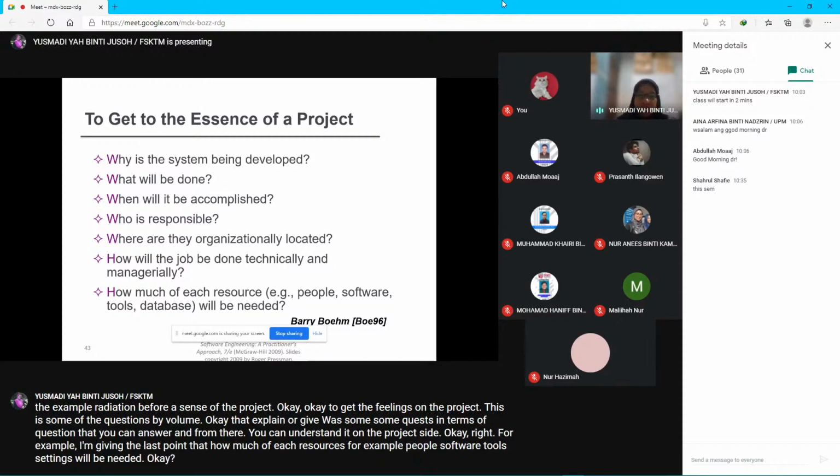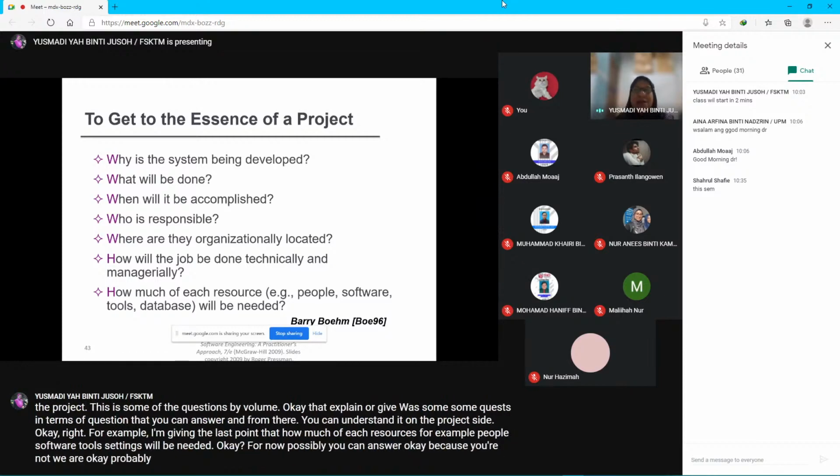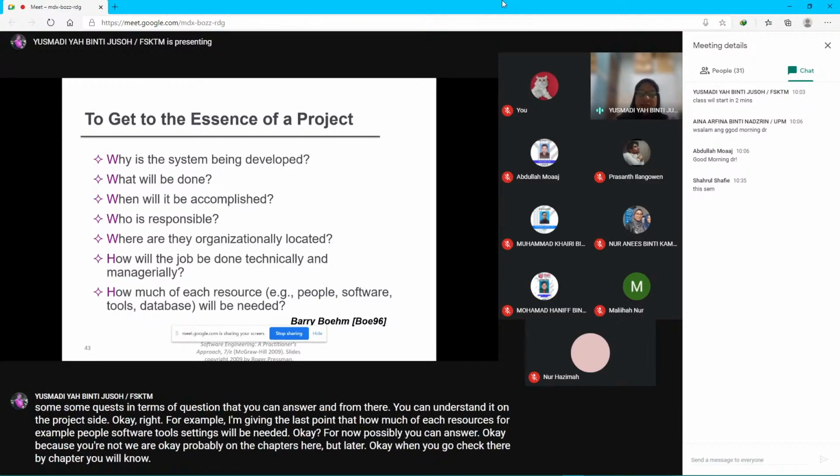For now, possibly you cannot answer, because we are not covering the chapters yet. But later, when you go chapter by chapter, you will know better. How much resource on the people, for example.